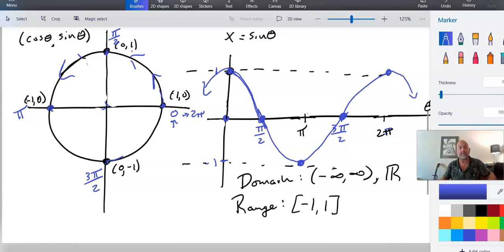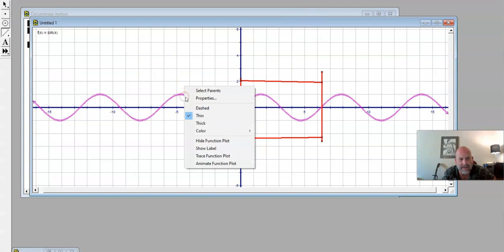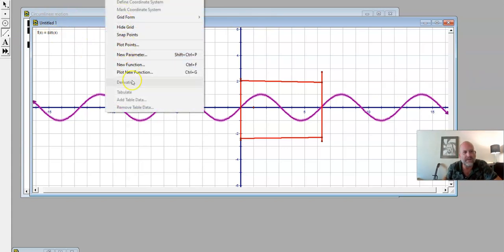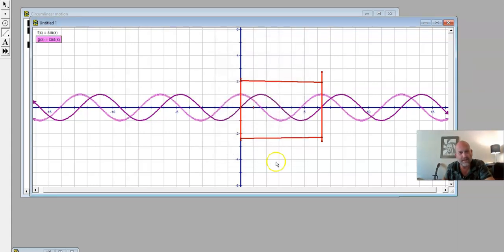Now, just to get an idea here, let's go ahead and look over here. I'm going to make this guy dark. We'll darken that. And that'll be fine. Let's go ahead and plot one more function. This time, let's do cosine x and see what that looks like.